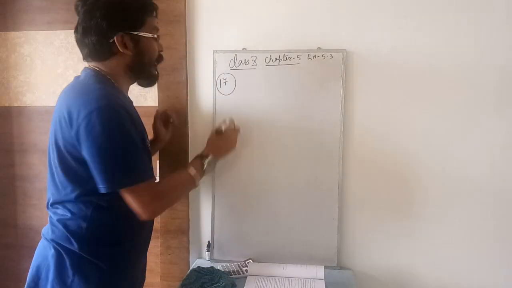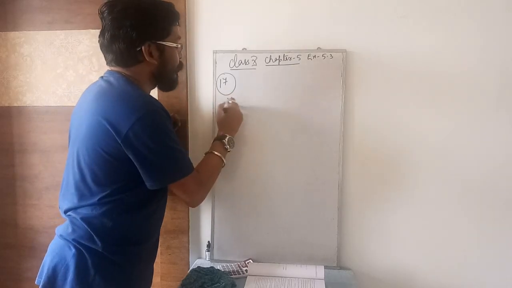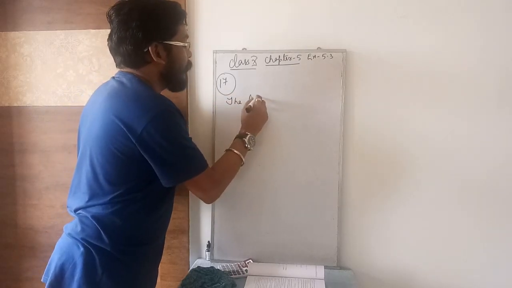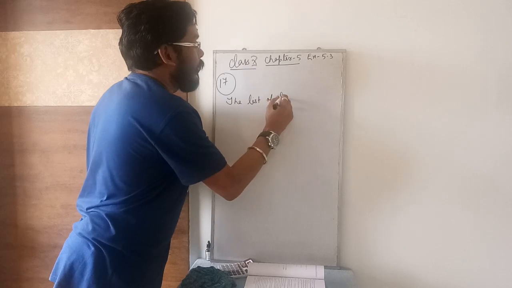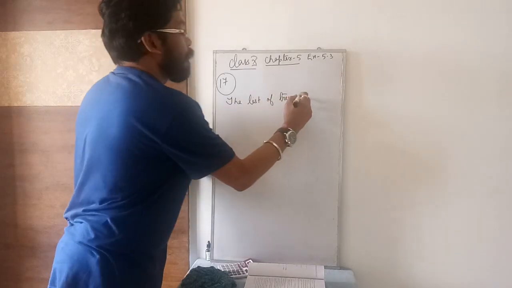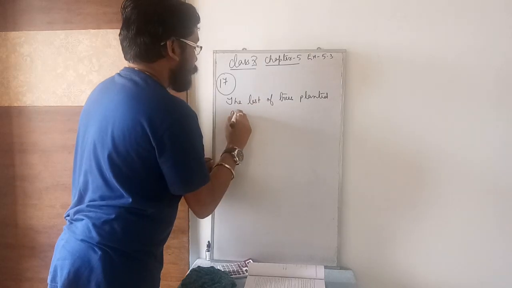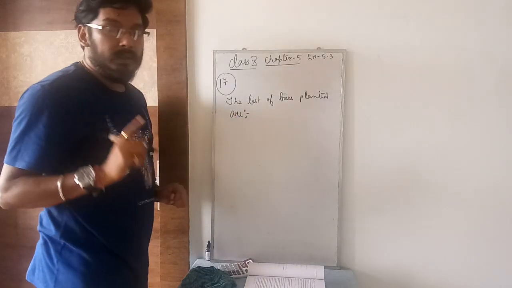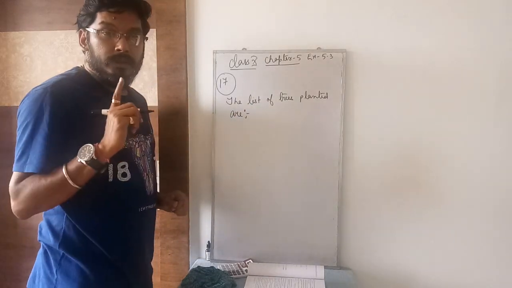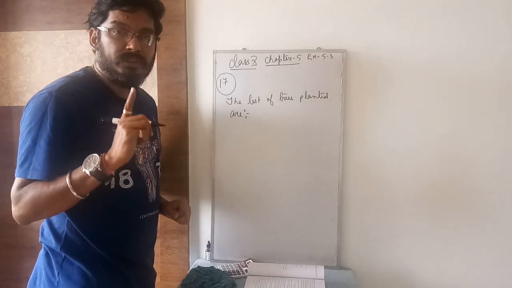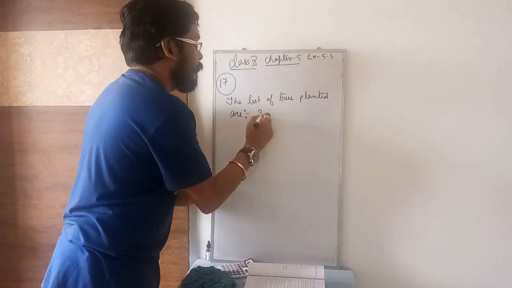So I will write the list of trees planted. So class 1, how many? 1. And how many sections are there? 3. So 3 ones are 3.